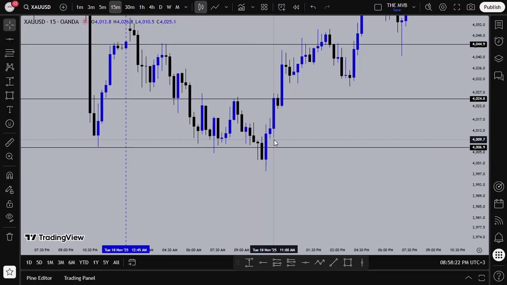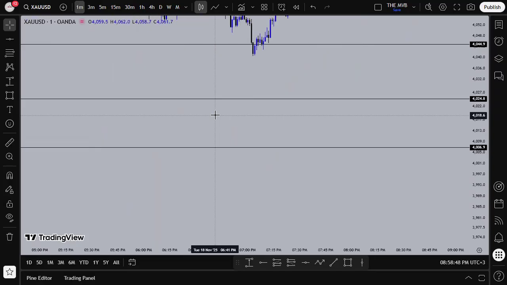So if you haven't watched that video, go on and watch it. So after this candle here closed, I began to see if I could get an entry, okay, from this candle to buy towards this level here. So this was my first entry of this day.